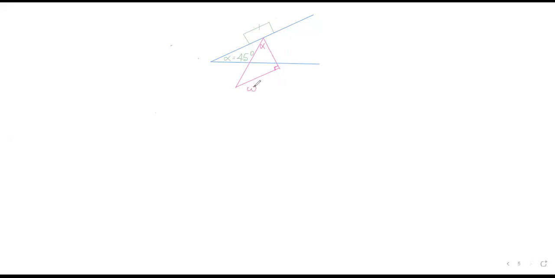This one will be the weight multiplied by the sine of alpha. Now, let's say the weight of this object is 2 kg.